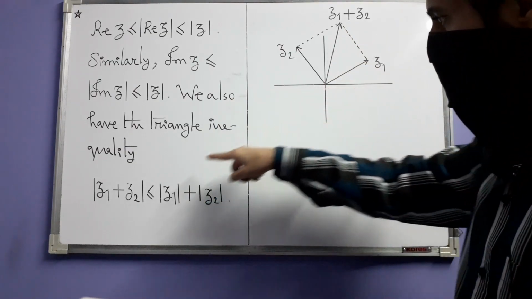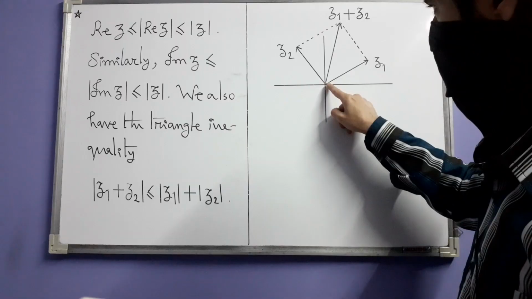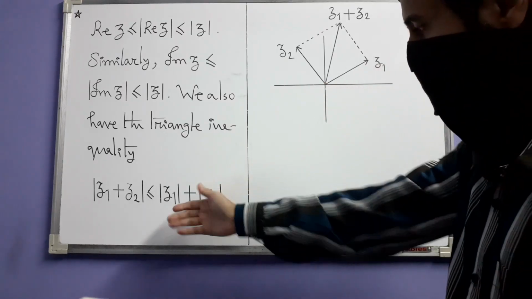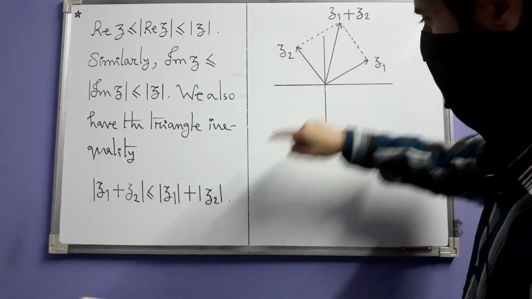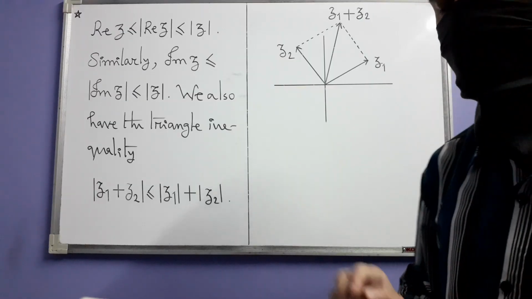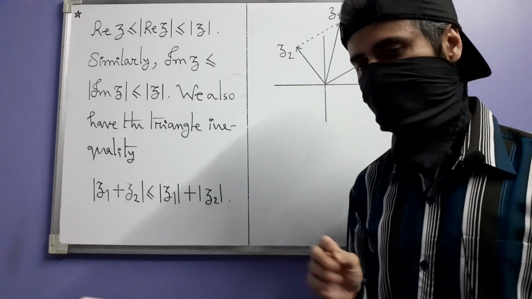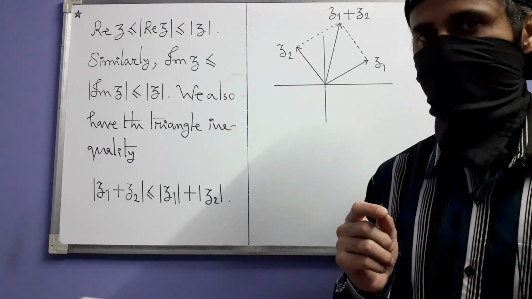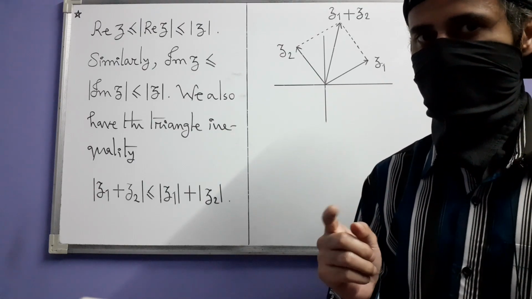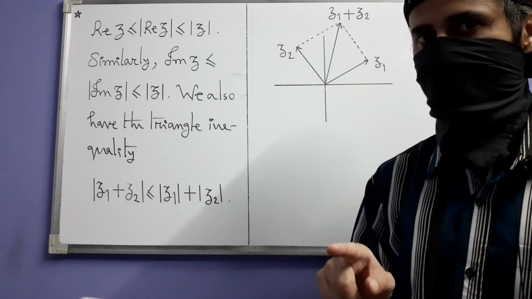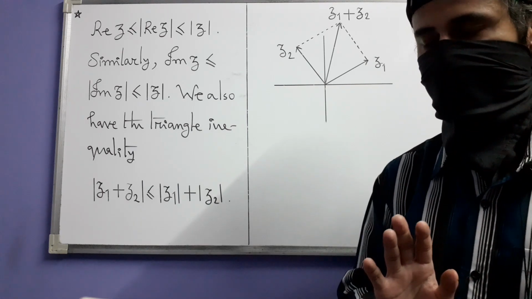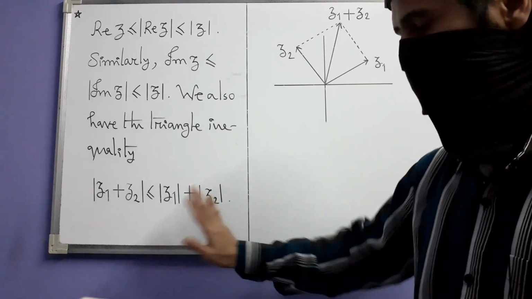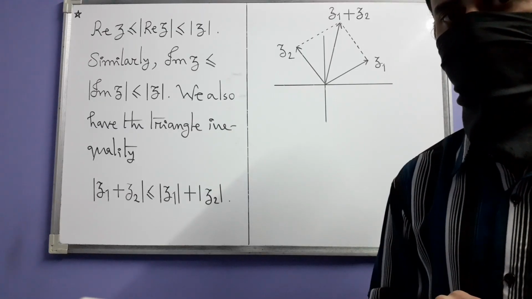This side length is the left hand side, this side length of course is just this one, and this side length is this. So the inequality is telling you something that you already know from geometry, that the sum of two side lengths is greater than or equal to the side length of the third side. So in that sense, the inequality should be true.